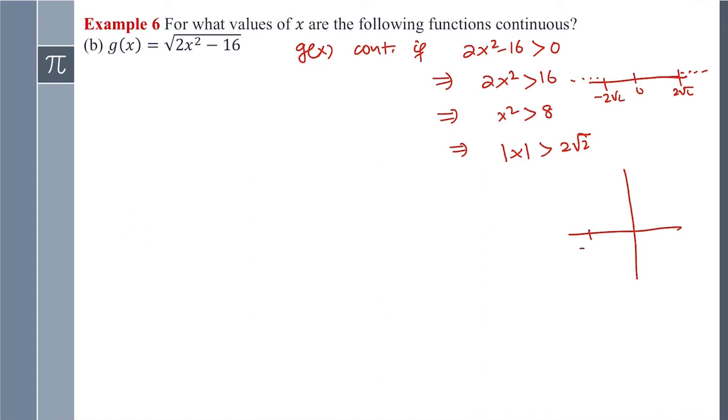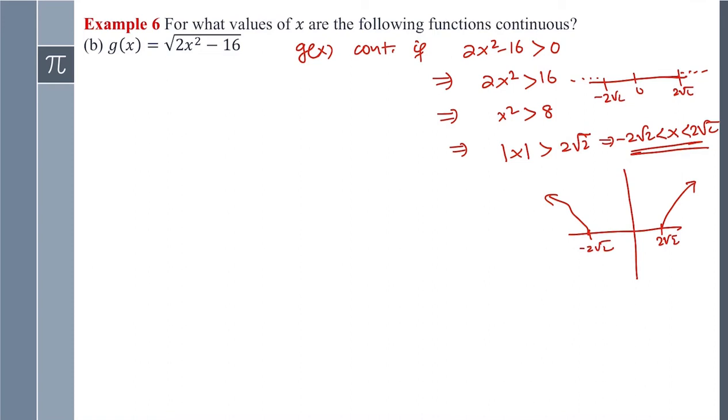So we have -2 square root of 2, +2 square root of 2. So this function looks like this. It goes like that. Okay. So the function is continuous. So this interval is -2 square root of 2 is less than x is less than 2 square root of 2. So we know that it's continuous on that open interval. Okay.